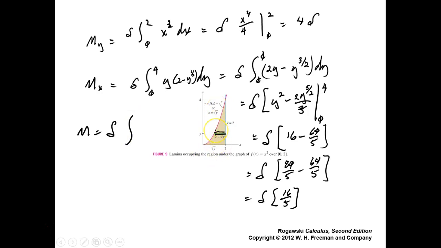Let's do it dx, because the mass is a mass, right? So that's going to be from 0 to 2 again. That's just going to be length times width. And your length is x squared, and your width is dx, right?